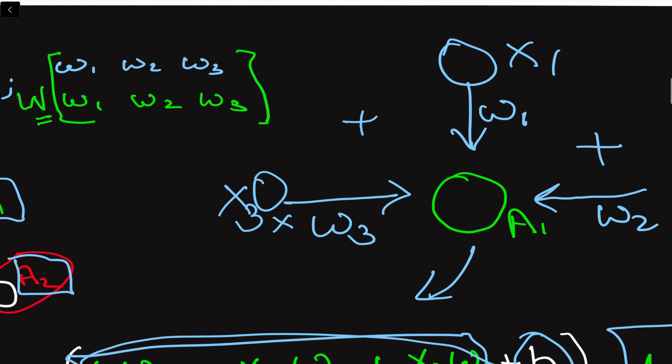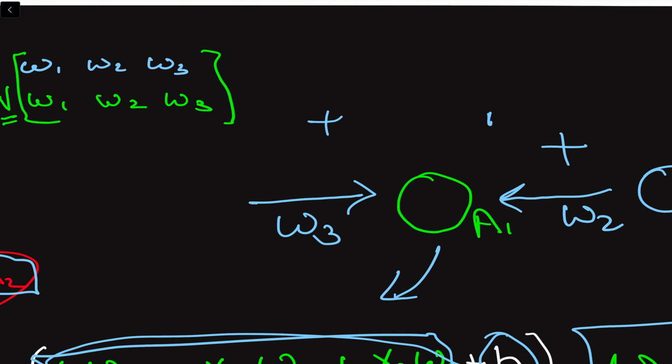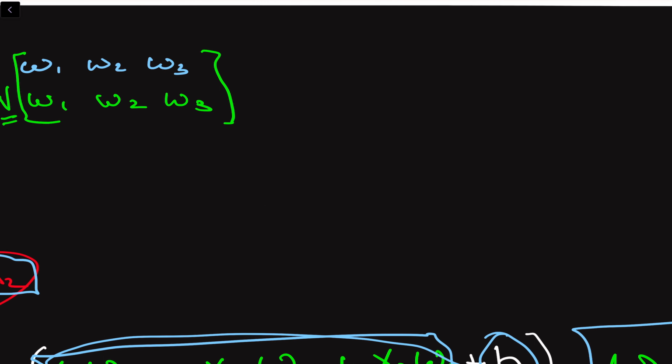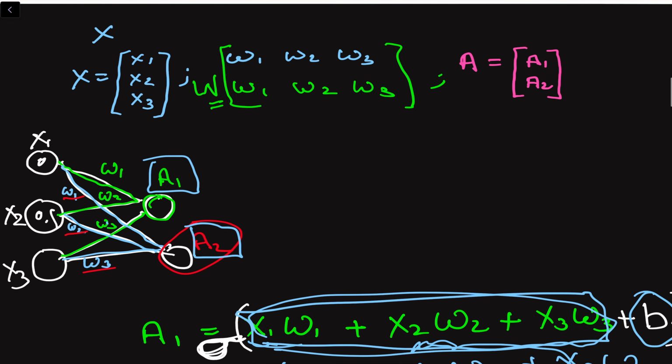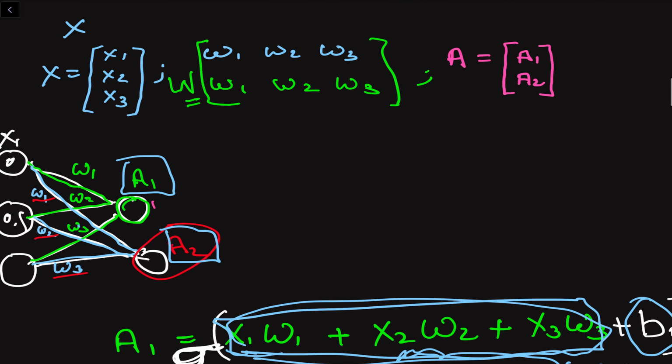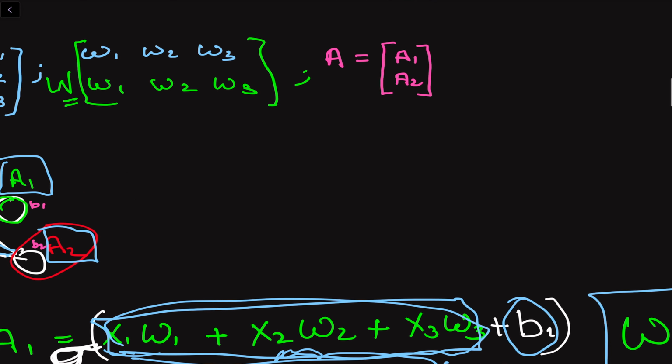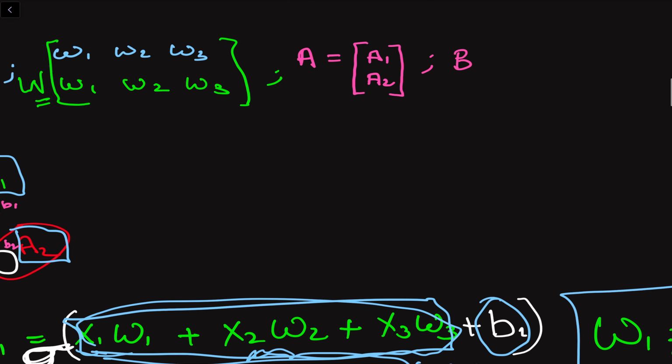and I'm gonna go ahead and get rid of all this. And what else do we have? We have A, so let's write A equals A1, A2. As well, we have a bias for each node, B1, B2, right? So let's have another matrix, B1, B2.